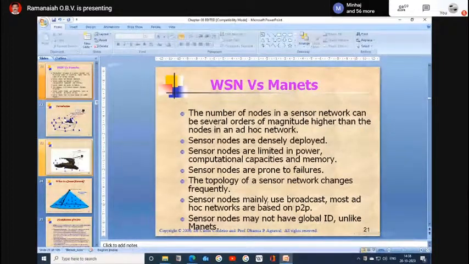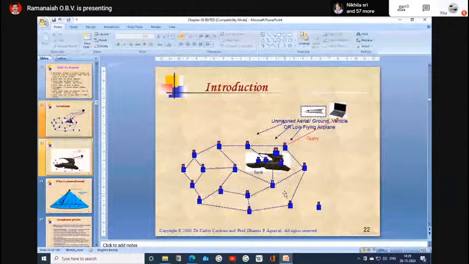That is the point you should understand. Whereas in managed networks, every mobile host has an IP address, or in other words, the mobile IP concept. But such a thing is not there in WSN. Any other doubt, please? Okay, silence permits me to go ahead.